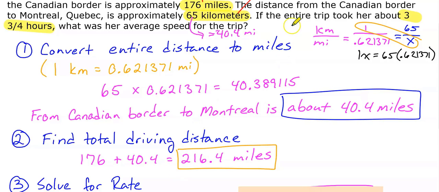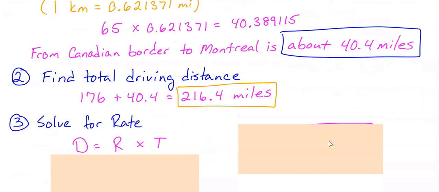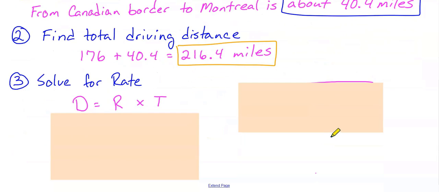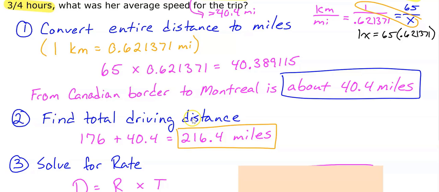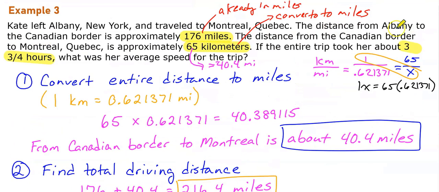So the next thing is the entire trip took her about 3 3/4 hours. I added the distance from Albany to the Canadian border plus the converted Canadian border to Montreal distance to get the entire distance.